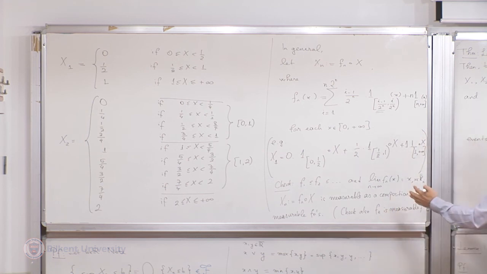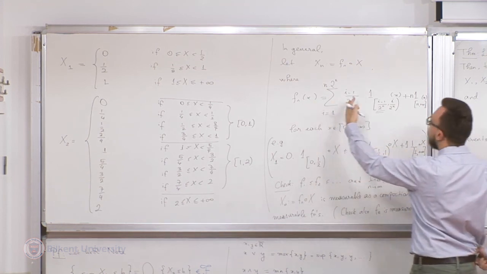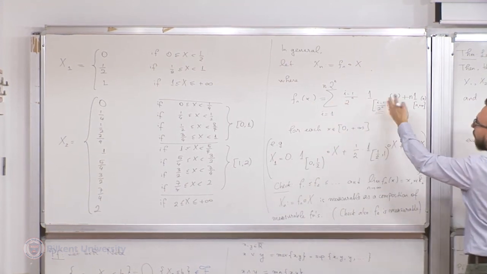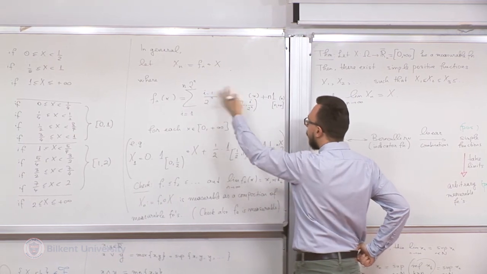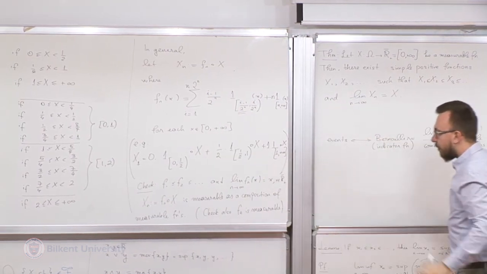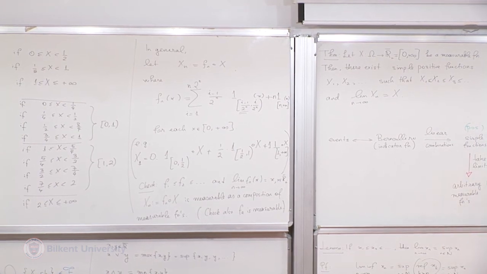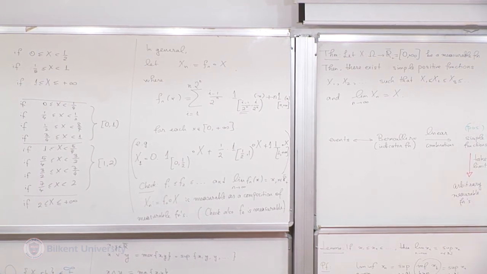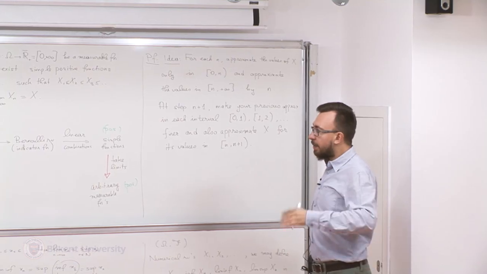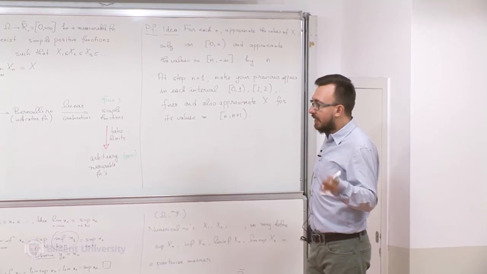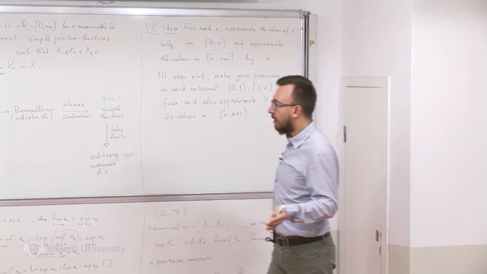But this is not really a big deal because fn is a simple function. It just takes finitely many values. On each of those intervals, you have a certain value. Therefore, fn is for sure a measurable function from positive numbers to positive numbers. And x is already measurable. This is given. Therefore, the composition of fn and x, which gives us xn, is a measurable function.